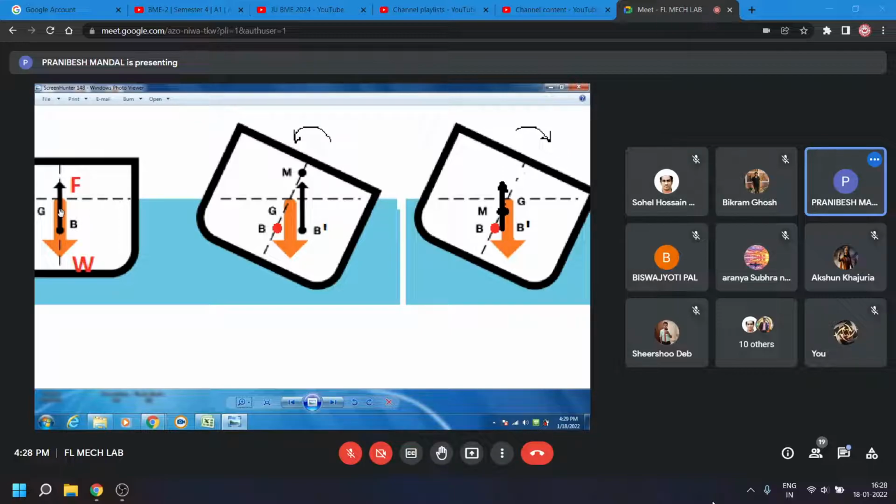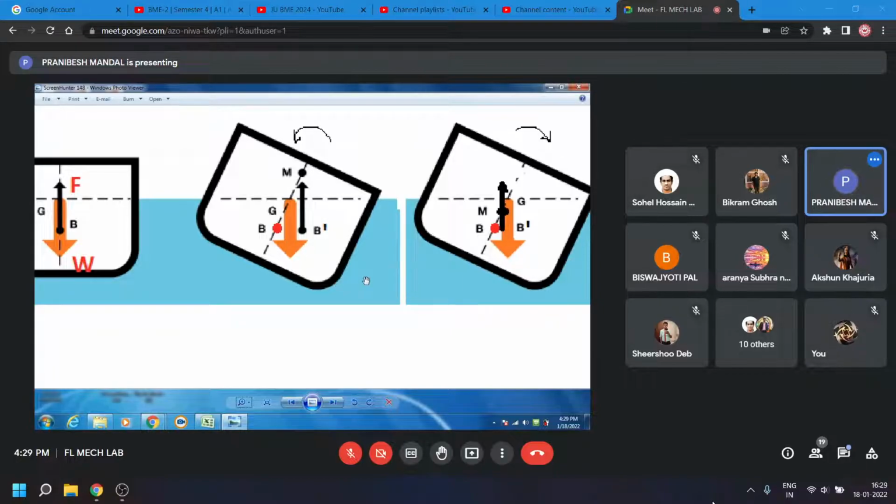Yes sir. So the old BG line, if we extend it, meets the new line of action at this point M. And for this particular case, the old BG line meets the line of action here at point M. Is it okay? Yes sir.